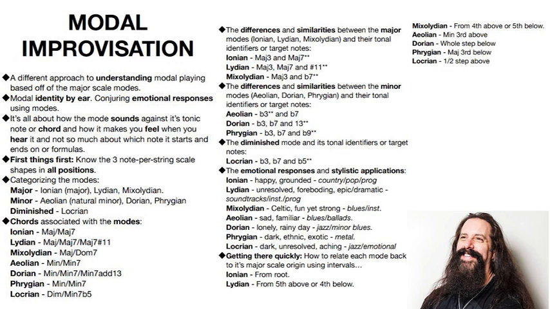So how do you get to it quickly? I'm gonna check my notes. I think it's just the opposite. Lydian, Mixolydian, you just think of the major scale that's a fourth above.